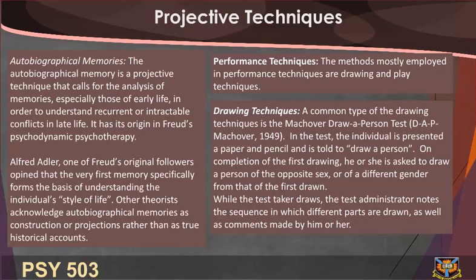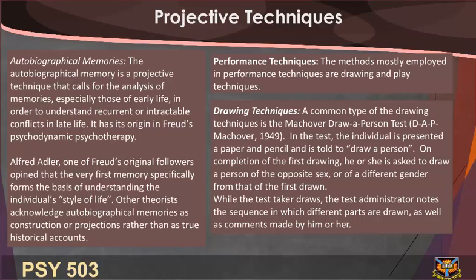Performance techniques. The methods mostly employed in performance techniques are drawing and play techniques. Drawing techniques. A common type of the drawing techniques is the Machover Draw a Person test (DAP), Machover, 1949. In the test, the individual is presented a paper and pencil and is told to draw a person.